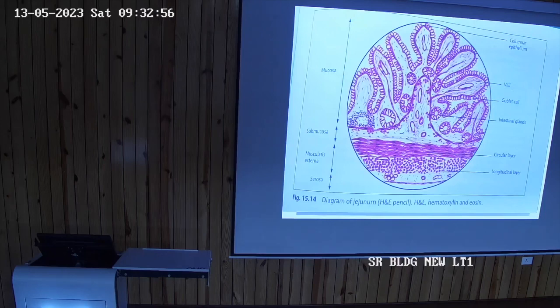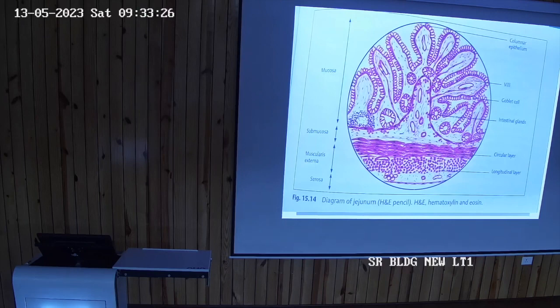This is the muscularis mucosa, and this is the part of the lamina propria, and this is the inner circular and outer longitudinal muscle coat. Below the muscularis mucosa is the submucosa. The submucosa has no collection of mucus secreting glands, and the remaining part, the muscle coat and everything, is clear.